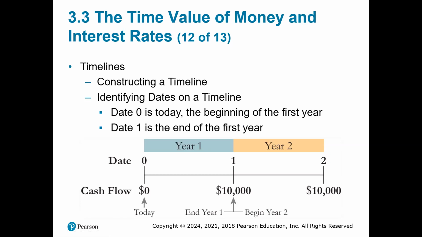Then date 1 is the end of the first year. And then date 2 is the end of the repayment period. This diagram shows a cash flow of $10,000.